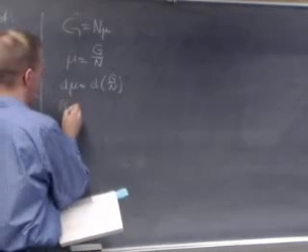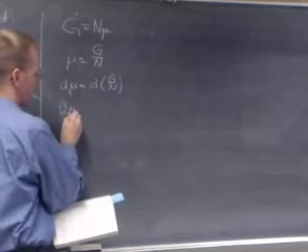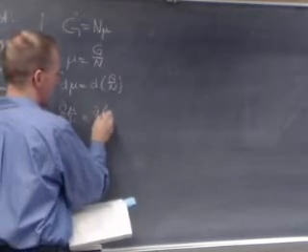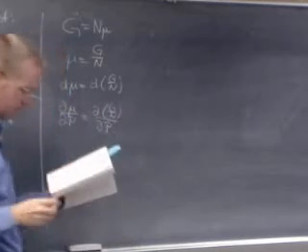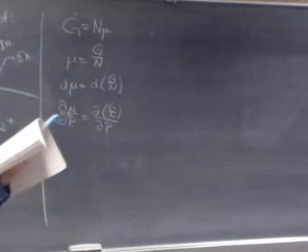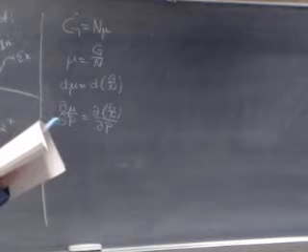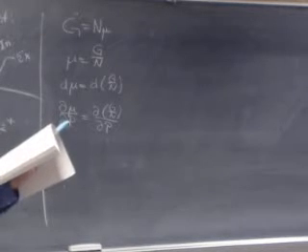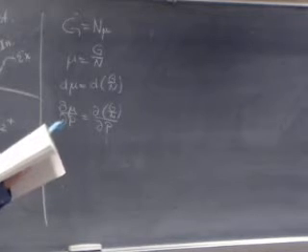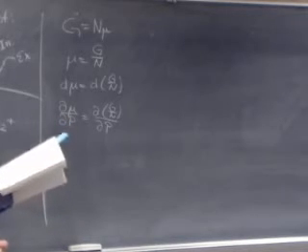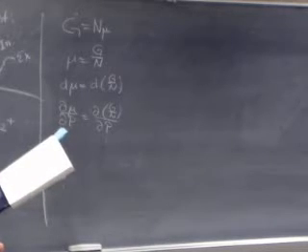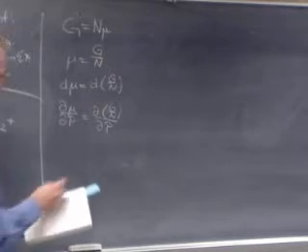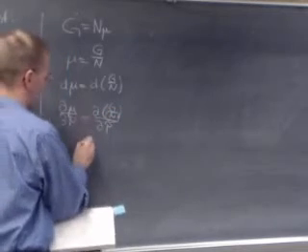So, partial of mu with respect to P equals partial of G over N with respect to P. Okay. If I hold a fixed amount of gas, so the number is constant, I can pull that outside.